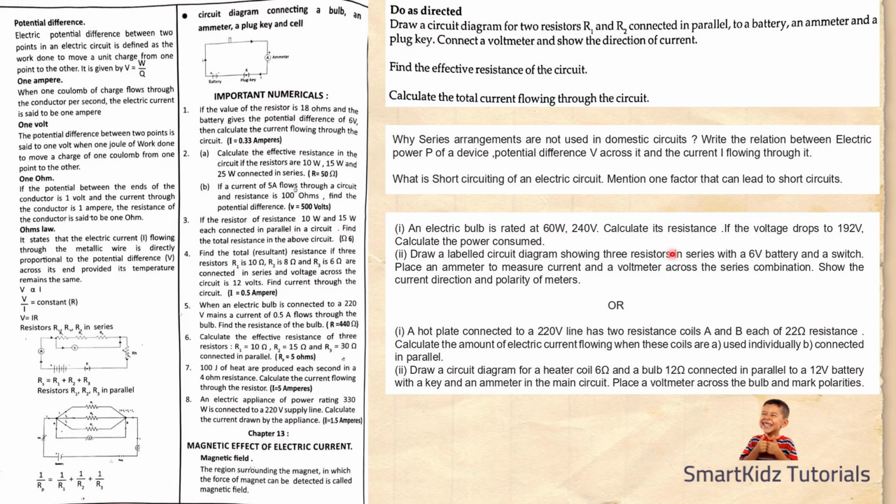Coming next to electricity, the next chapter. In electricity, circuit diagrams become very important. Before I come to the circuit diagram, in case of the human eye, the part I have not mentioned is the applications. You should know about the twinkling of stars, which is because of atmospheric refraction.